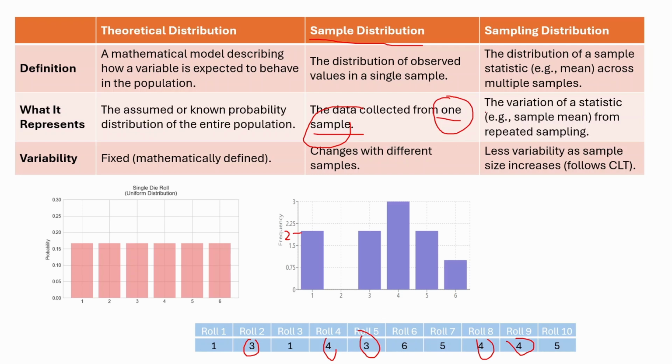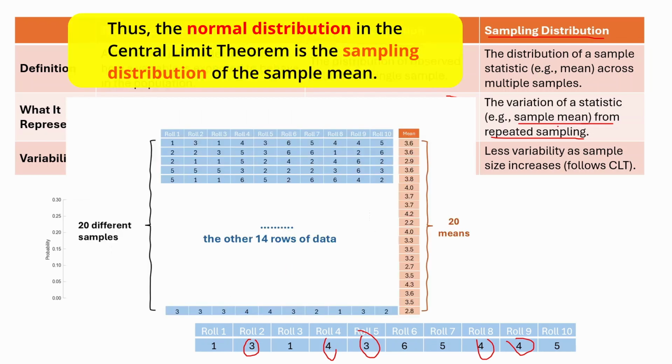And lastly, is the sampling distribution. For sampling distribution, we focus on the sample mean from repeated sampling. For instance, the example we just used was that we have 20 different samples, and we get their means and plot the distribution.